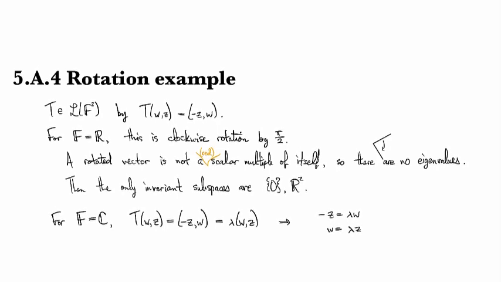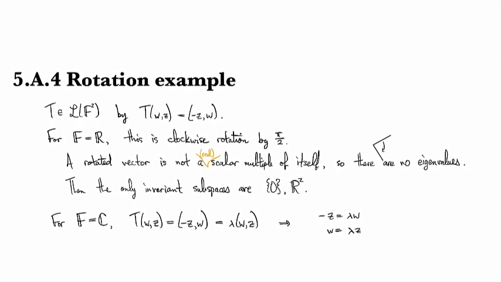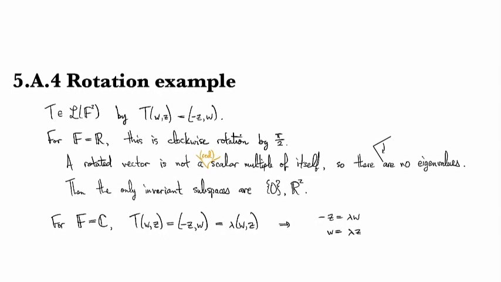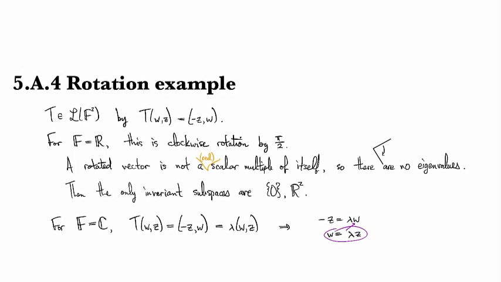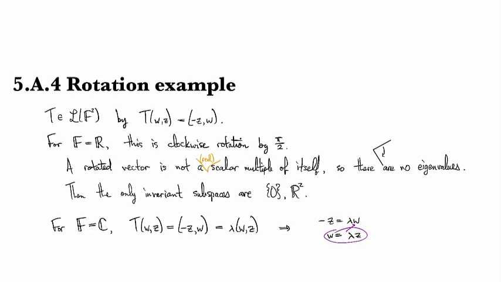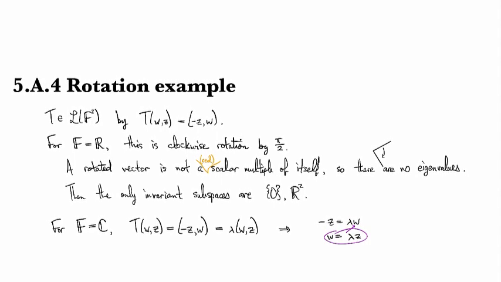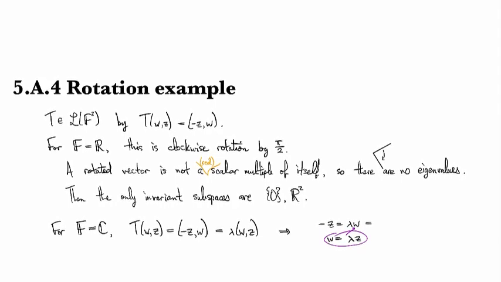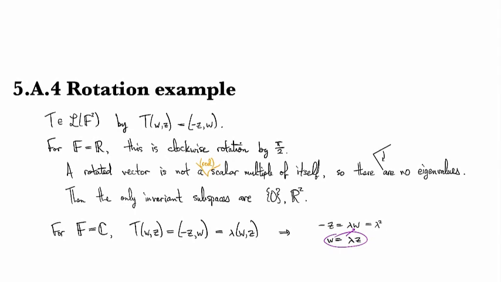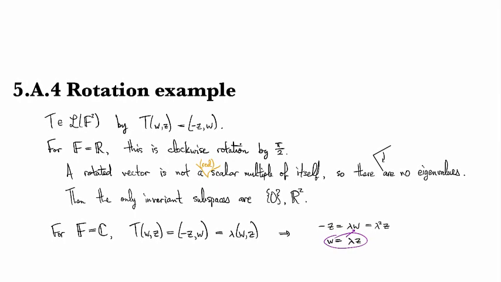And so if we put this one, w = lambda z, in for w right here, then we have this one.